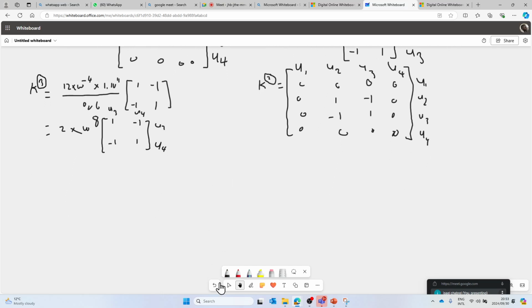Now what do we do here, guys? We expand this matrix as well, K3, the global stiffness. You expand this, you're going to have 2 times 10 to the 8. Now if you expand, remember, it is still U1, U2, U3, U4, and U1, U2, U3, U4.